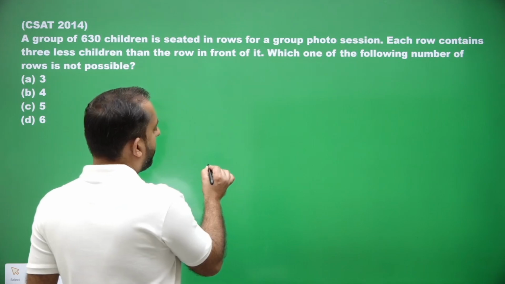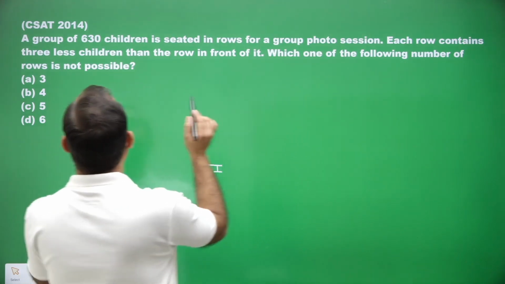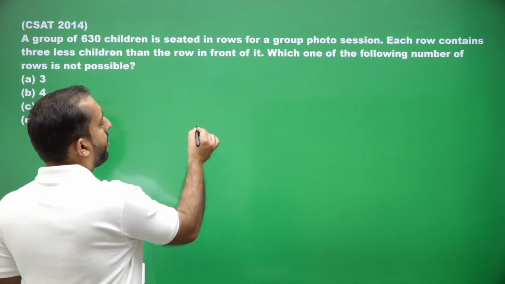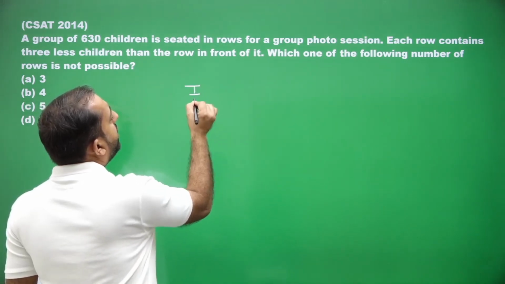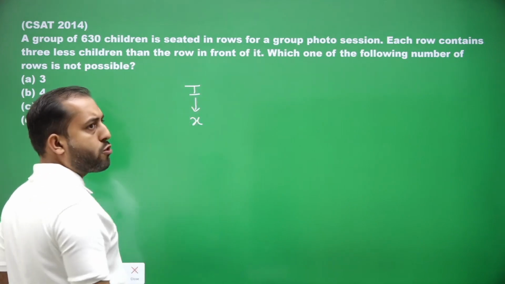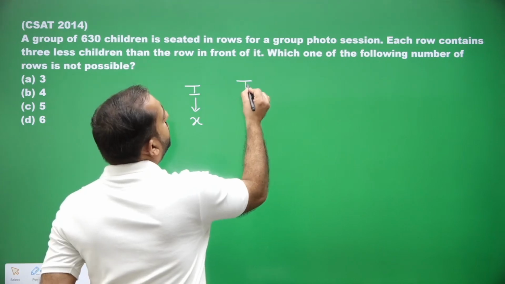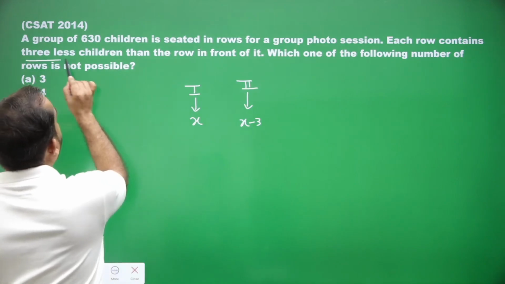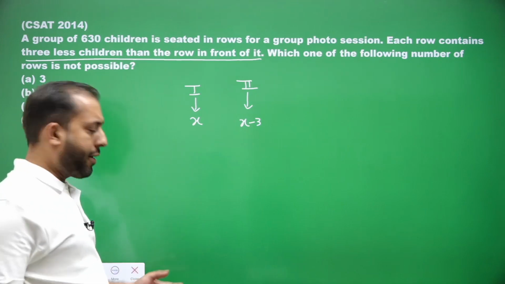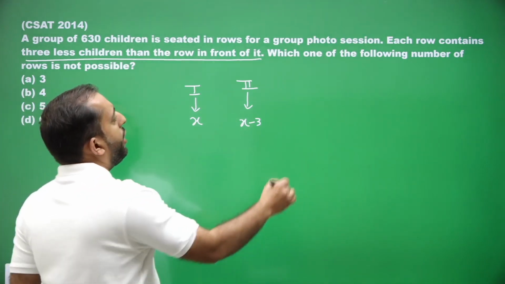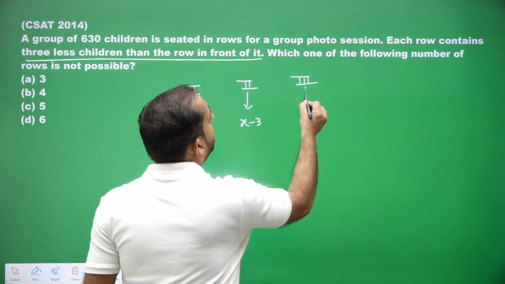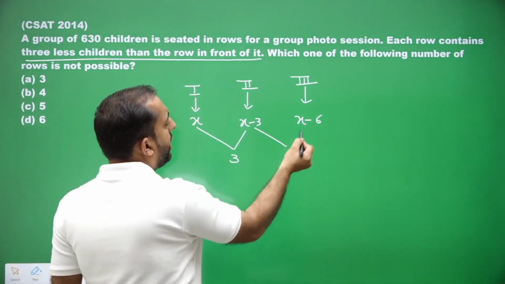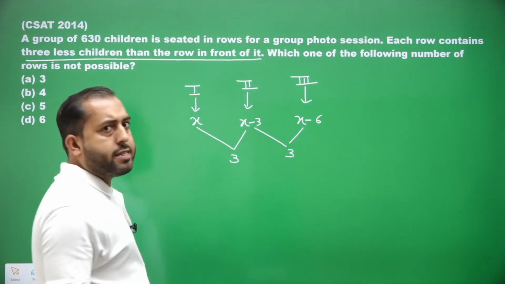Let's assume there are x students in the first row. Then the second row must have x minus 3, because it has 3 fewer children than the row in front of it. The third row should have x minus 6.